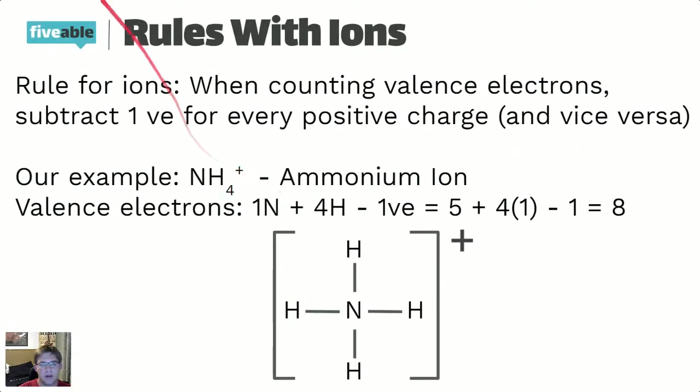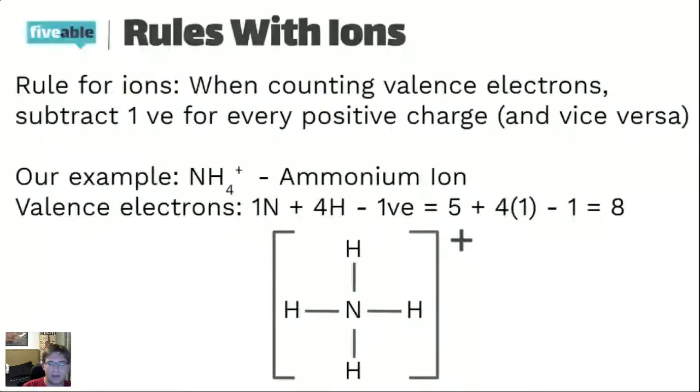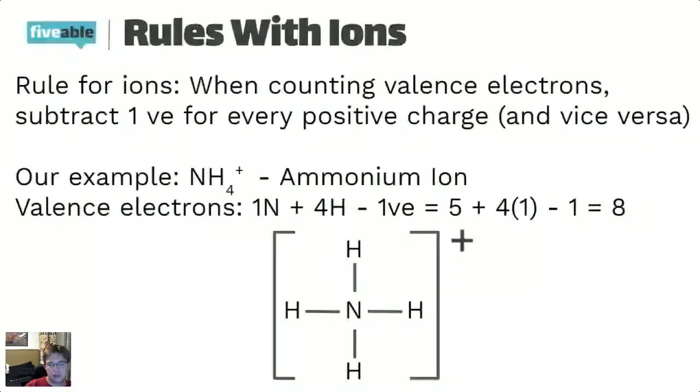So, rules with ions, right? I remember someone was talking about this earlier. When we're trying to calculate the number of valence electrons for something like ammonium, you're going to subtract a valence electron for every positive charge and add 1 for every negative charge. So here, for example, we look at the ammonium ion, which has a +1 charge.